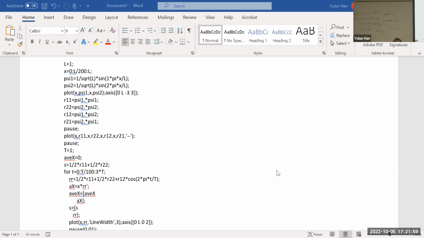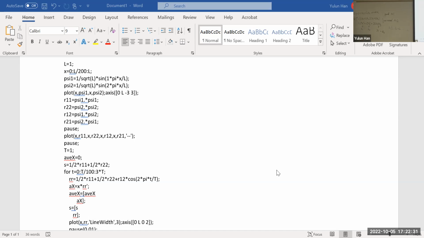The note that you wrote under the third term, should it say R21 or R12? Or should they both say R12? Oh, my bad. Thank you. In this case, these two are equal because we assume everything is real.